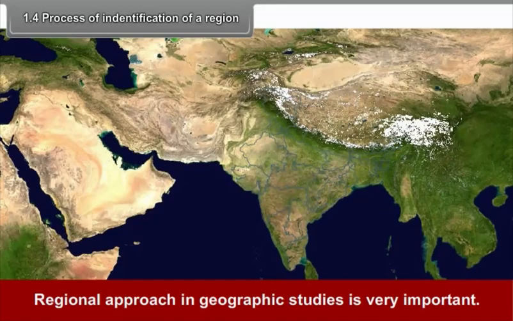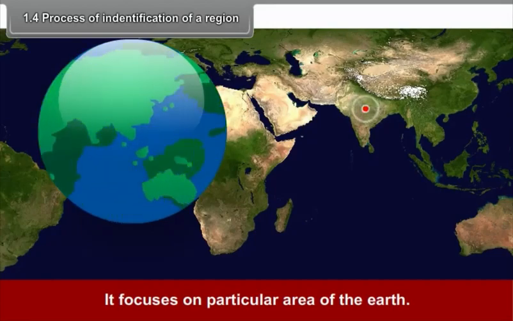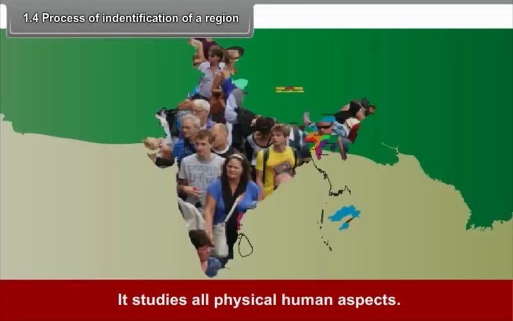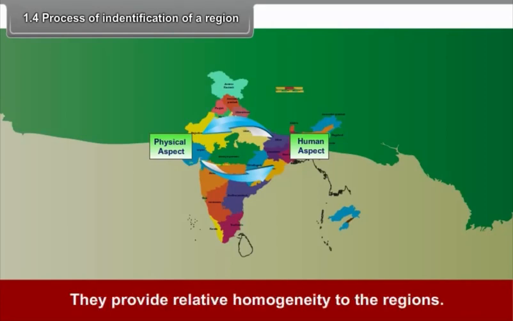Regional approach in geographical studies is very important. It focuses on particular area of the earth. It studies all physical human aspects. These aspects interact with each other and work in unison.